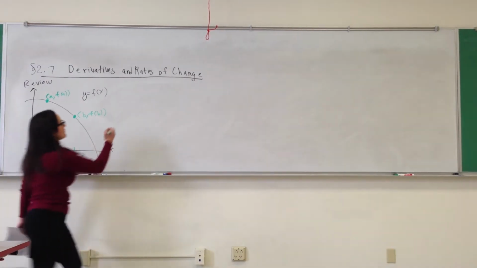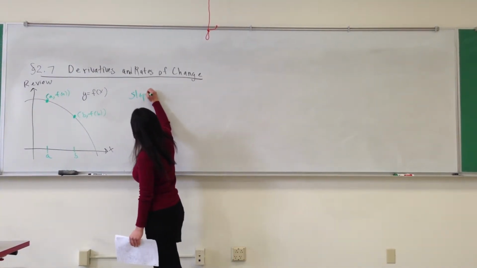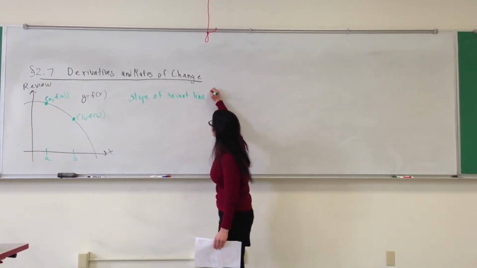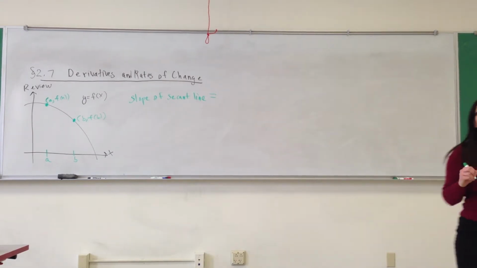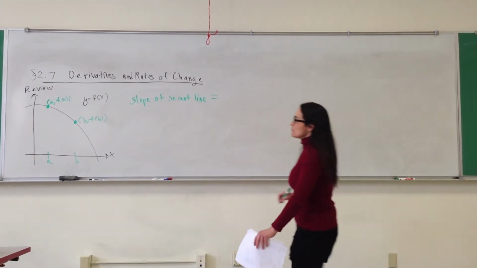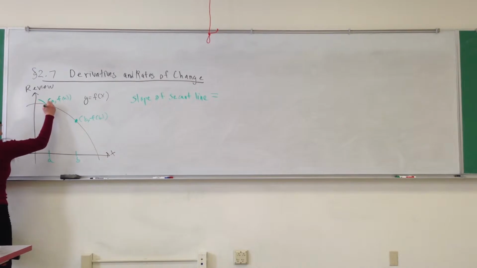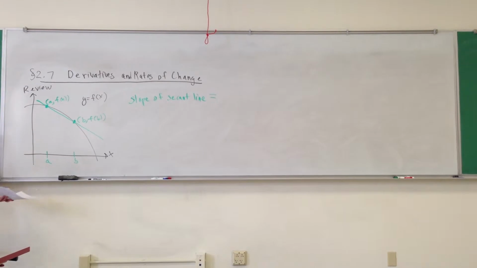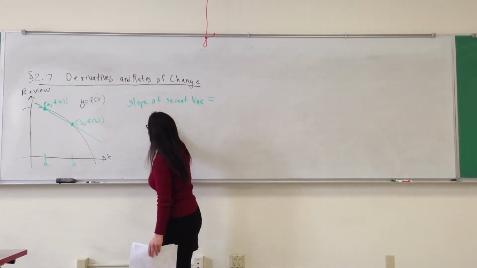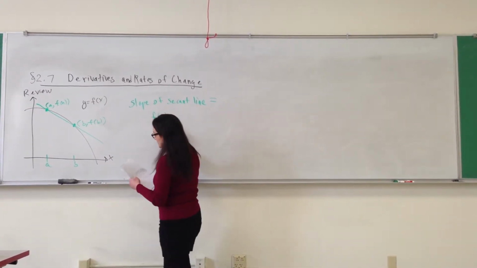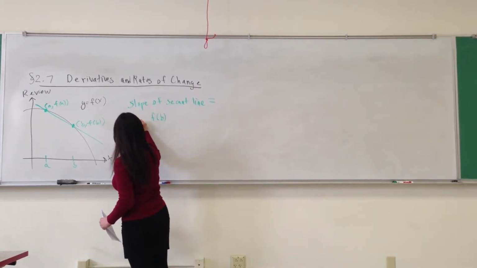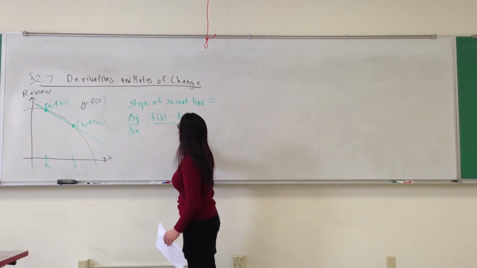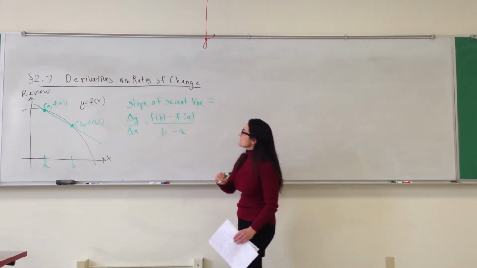Okay. So if we want to talk about the slope of the secant line, which is the line connecting these 2 points, then according to our formula for slope, that's the change in y over the change in x, so change in y over change in x is f of b minus f of a over b minus a.